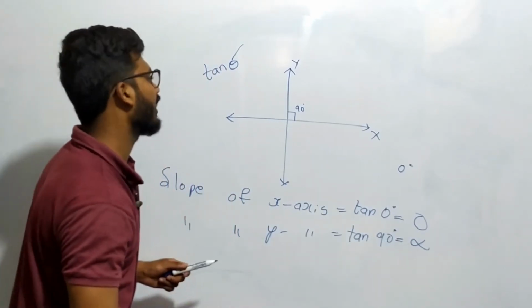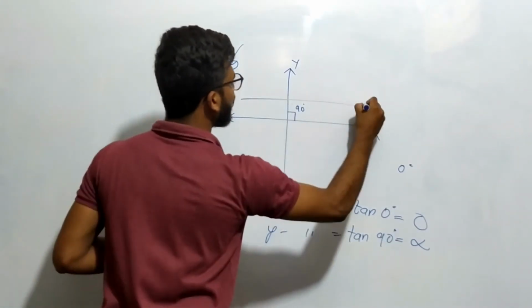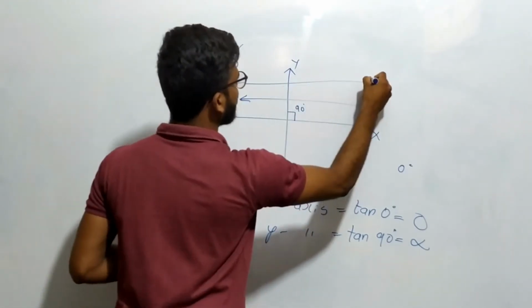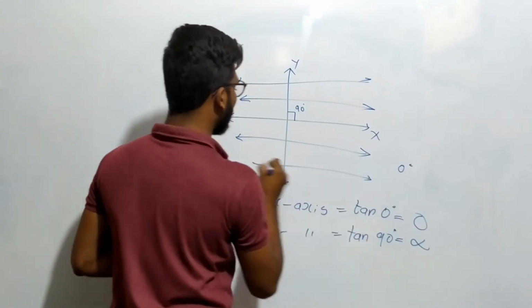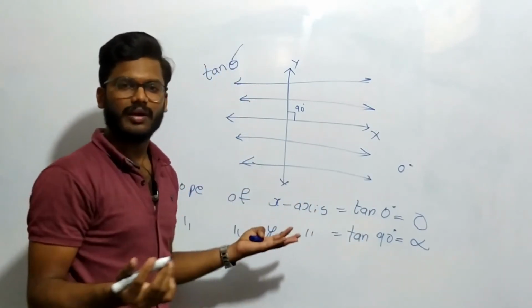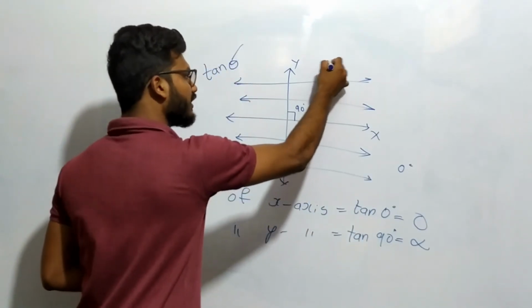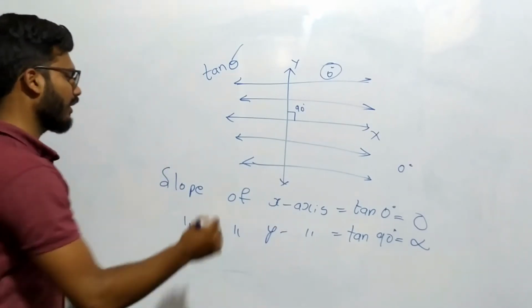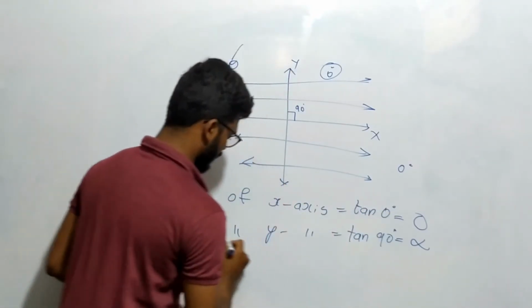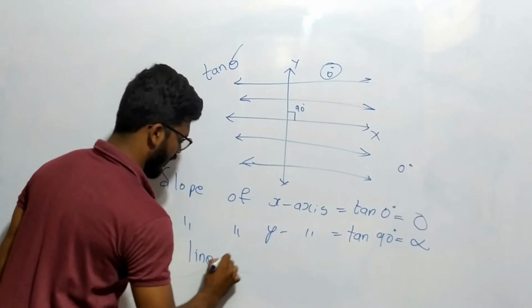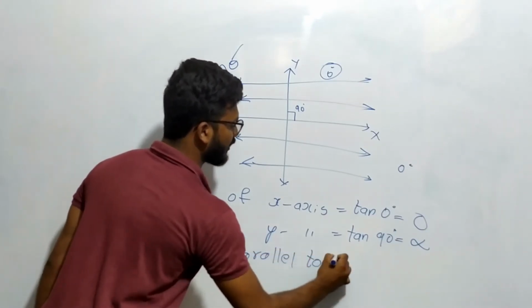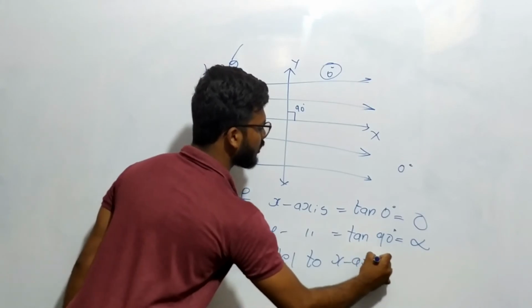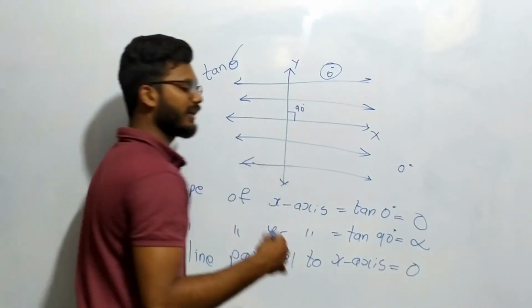In the same way, if any line is parallel to the x-axis, how much angle will it make with the x-axis? No angle, nothing but 0 degrees. In the same way, any line parallel to the x-axis also has the same slope, tan 0, which is 0.